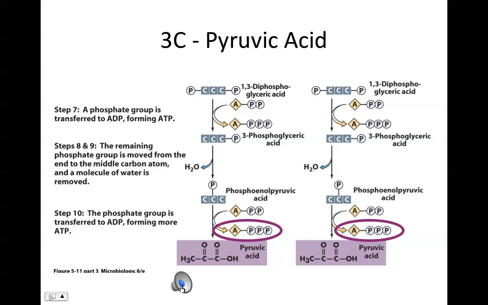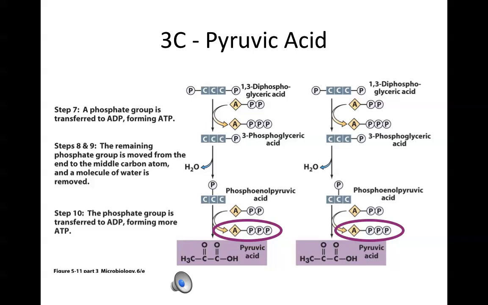The next few steps of the reactions for glycolysis get us toward the end molecule that's important, which is pyruvic acid. Ideally, summarizing glycolysis in one sentence would simply say we're going to take 1 6-carbon molecule of glucose and make 2 3-carbon molecules of pyruvic acid.